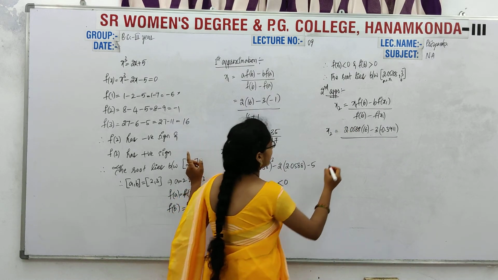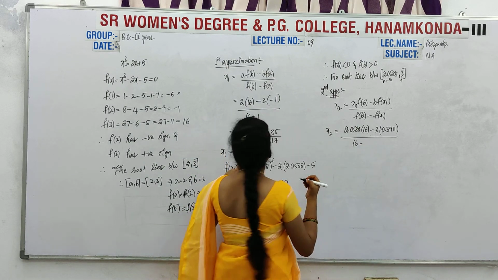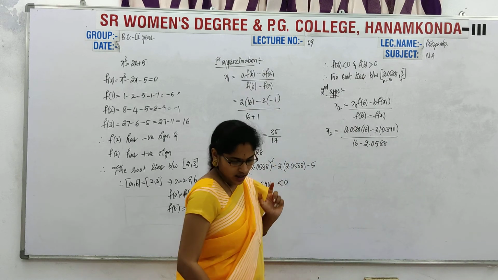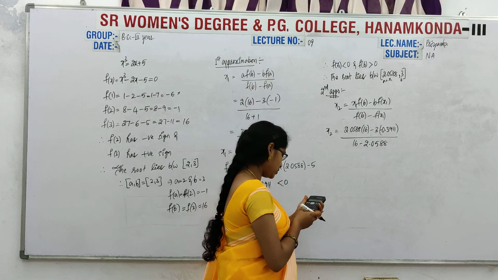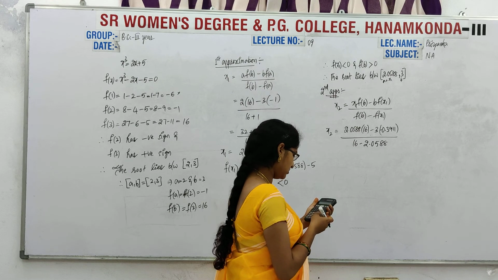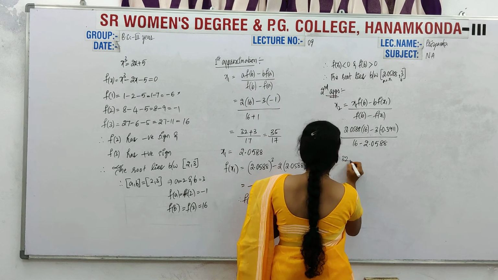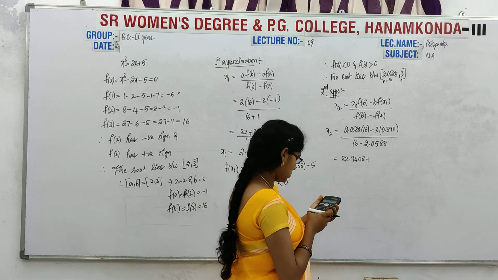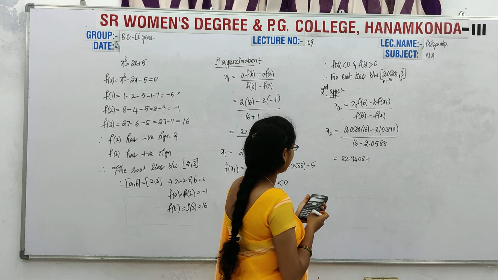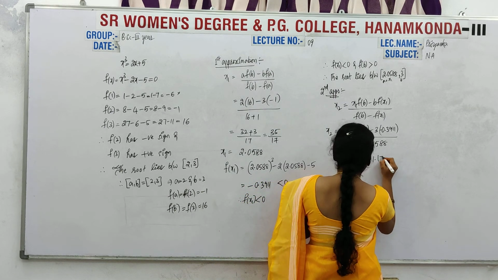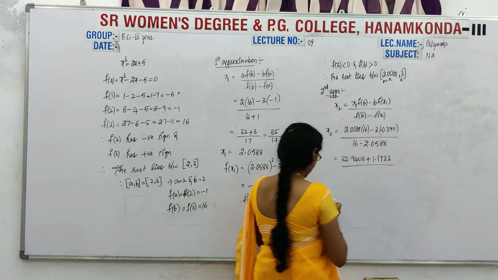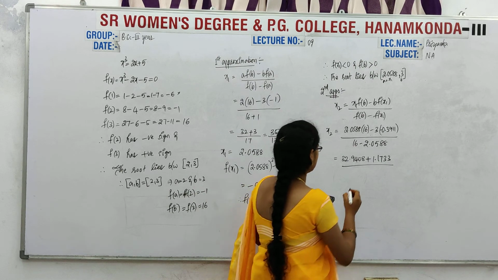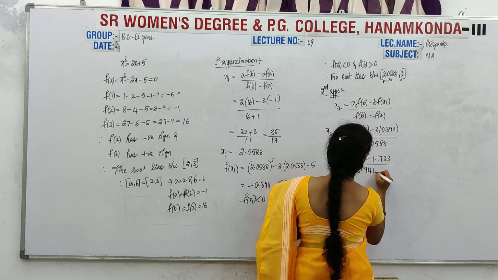What is f of b again? 16 minus f of x1, 2.0588. Calculating individually: 2.0588 into 16, plus 3 into 0.3911, which is 1.1733, by 16 minus 2.0588, that is 13.9412.